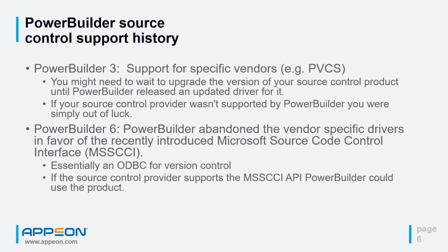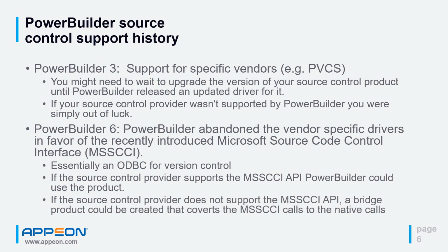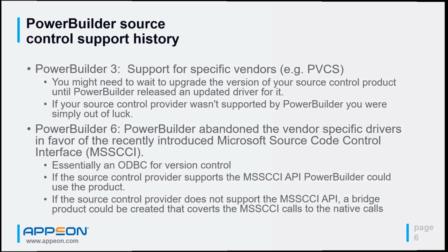And that way you could actually use products that didn't support MSS CCI as long as there was a third-party product that provided that bridge. And that's what we did. That's what my company did in 2009: we got a hold of a bridge product and we moved to Subversion. And we were using Subversion for source control with PowerBuilder.